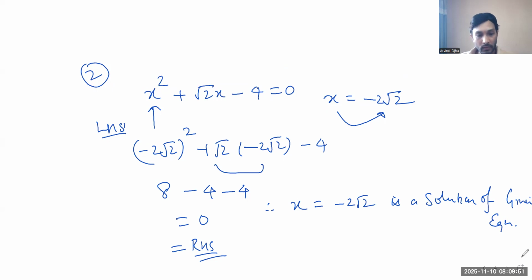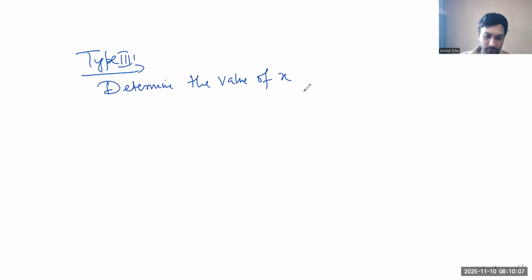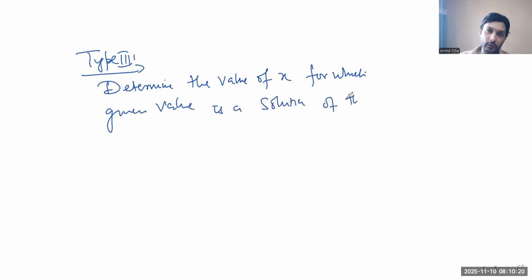Okay, now we will come on to the next one, the type third one. So type 3 indicates that over here we have to determine the value of x for which the given value is a solution of the equation.